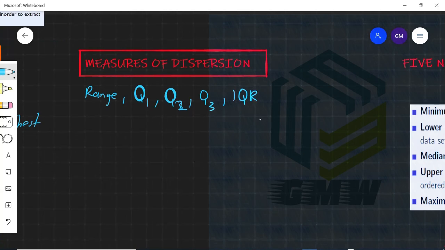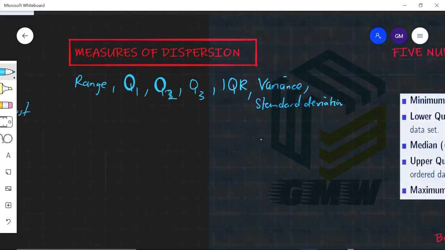I'm not assuming that we are skipping them. Please allow me to go through them as well. Then we have variance, which also goes with standard deviation.